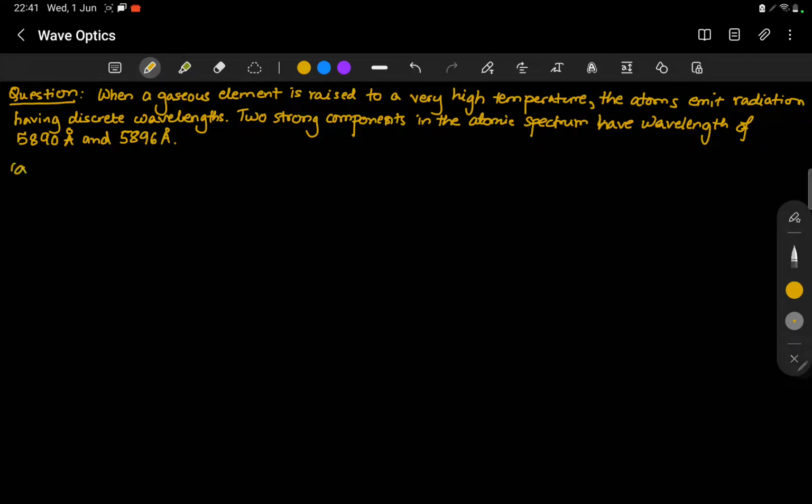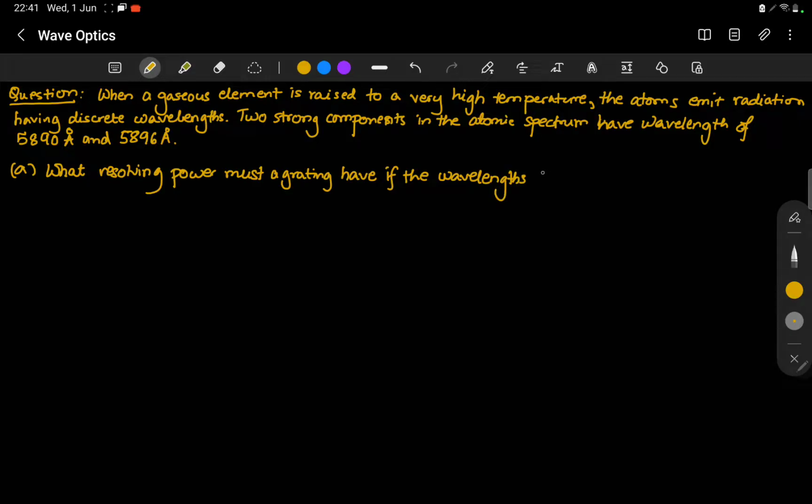So the question is, what resolving power must a grating have if these wavelengths are to be distinguished?